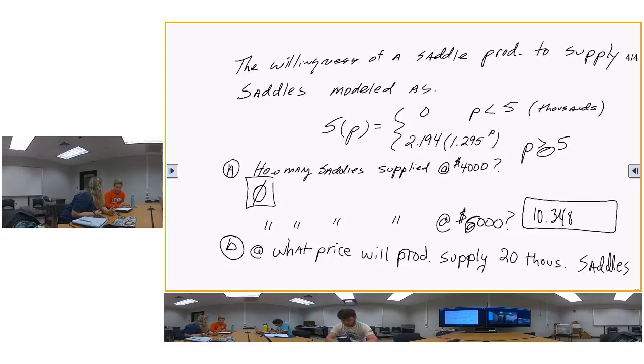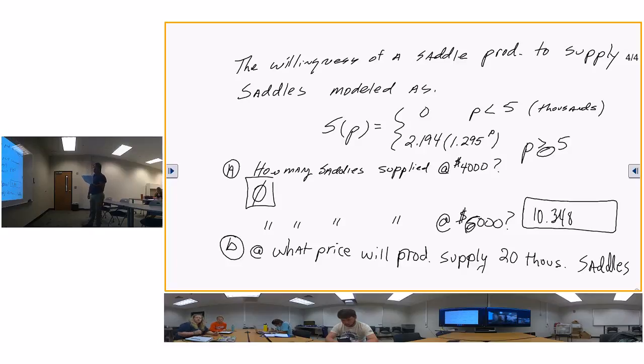Now look at the question. How many saddles will be supplied at $6,000? 10,000, right? So at 20,000, is it going to be higher or lower than 6,000? Higher.